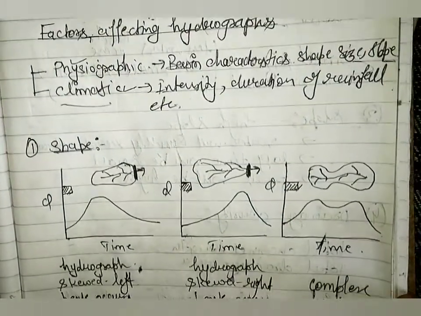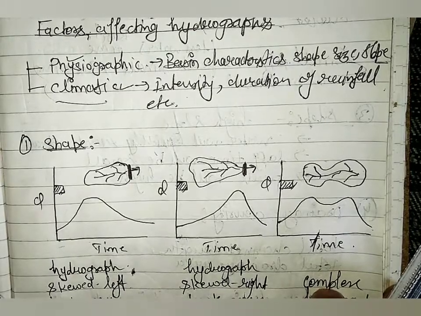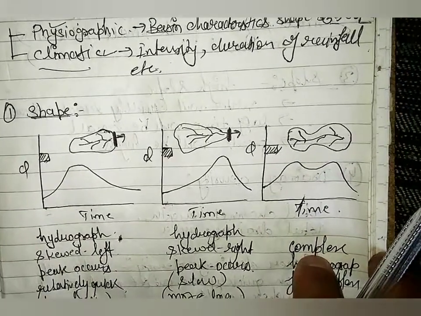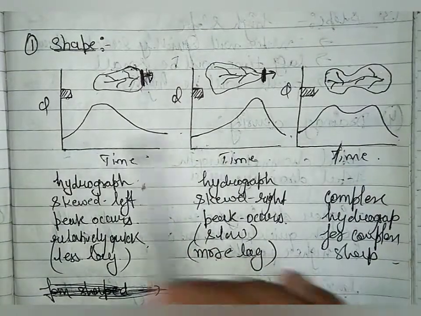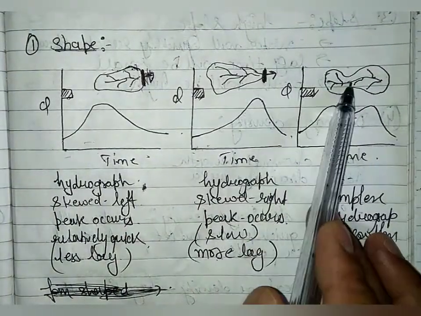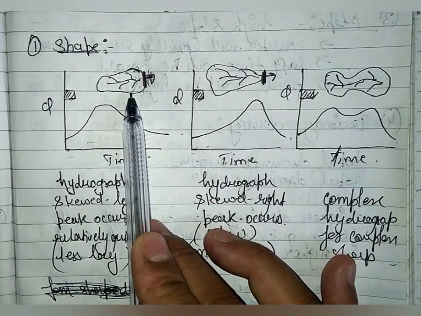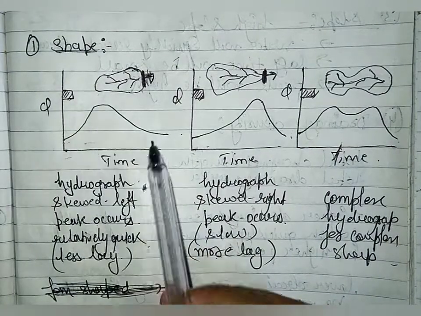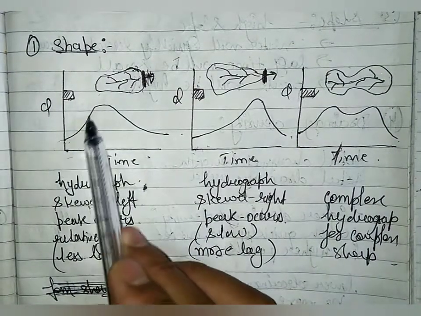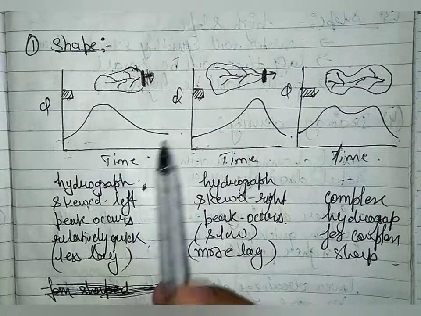Okay, so first of all, let us discuss the first point in the physiographic factors, that is the shape. Here I have drawn 3 different hydrographs for different shapes of catchments. In the first hydrograph, you can see that the hydrograph is skewed left. So the peak is reaching at the earlier stages.